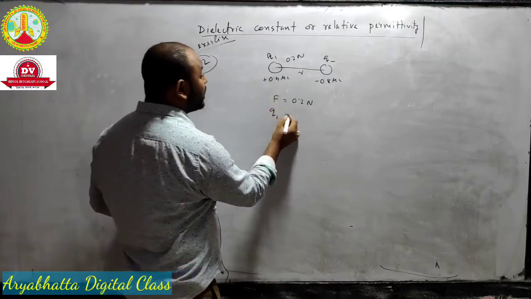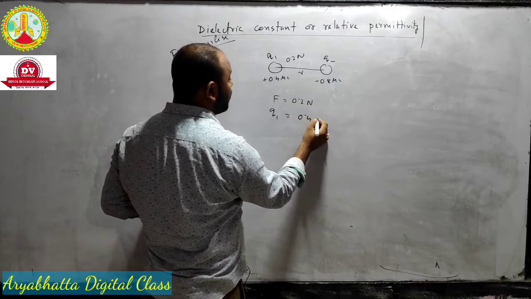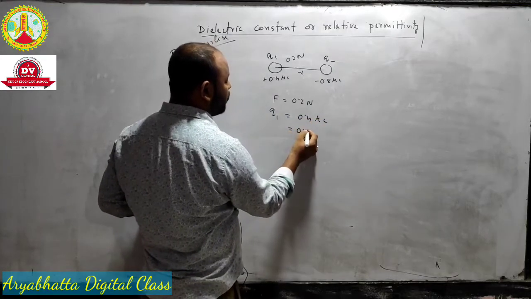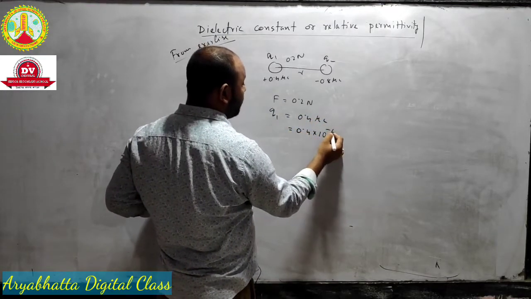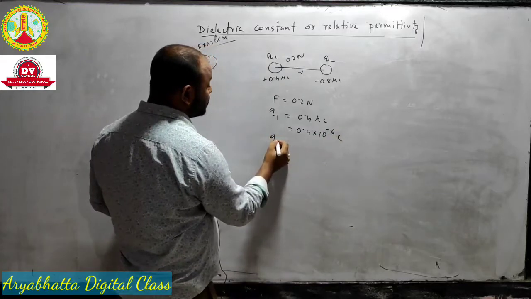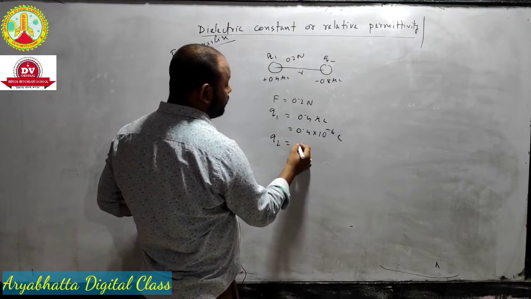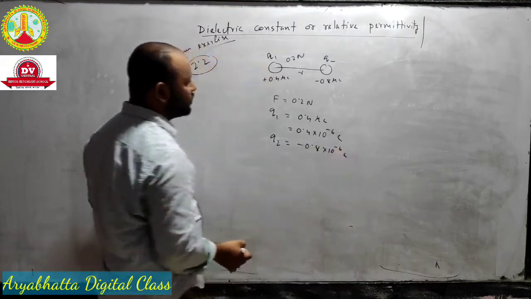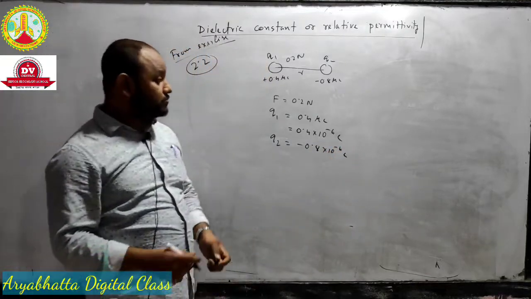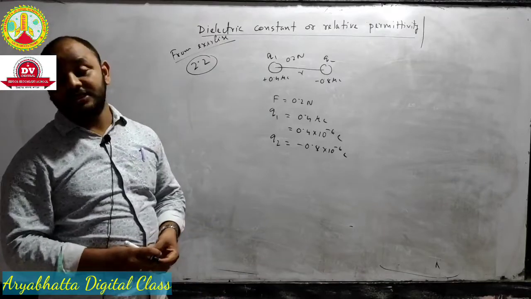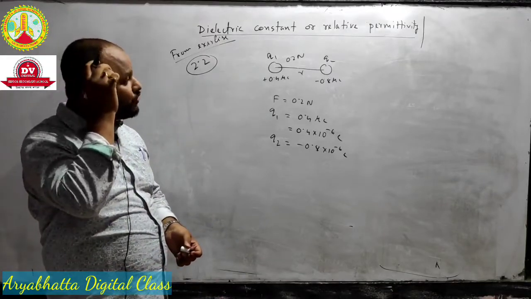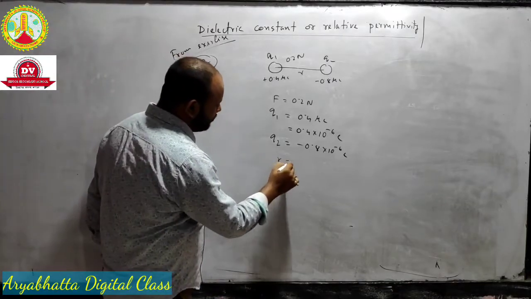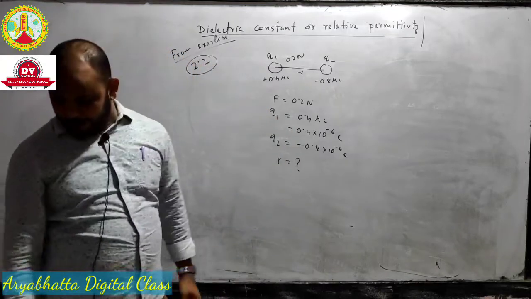What is Q1? Q1 is 0.4 microcoulomb, that means 0.4 into 10 to the power minus 6 coulomb. And Q2 is minus 0.8 into 10 to the power minus 6 coulomb. The question is, what is the distance between the two charge spheres? We need to find the value of R in this question.